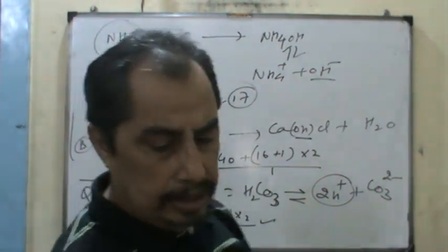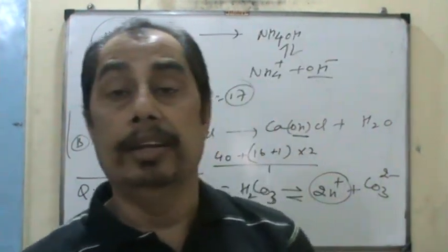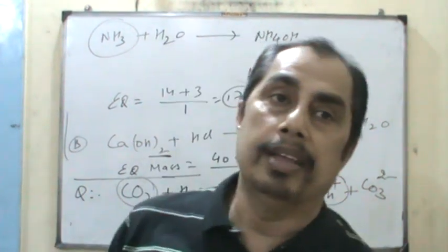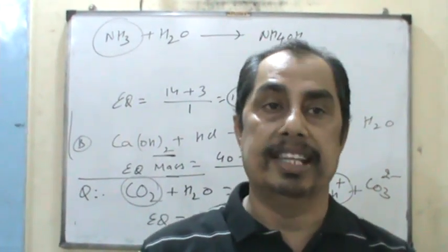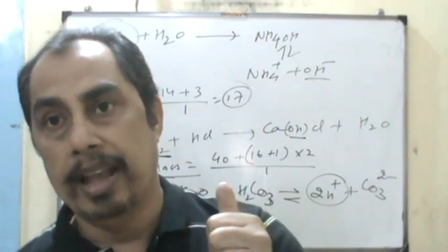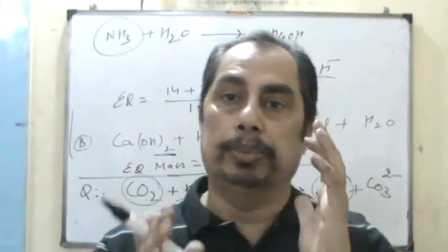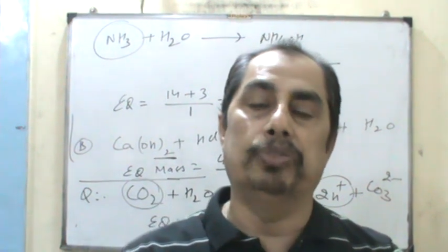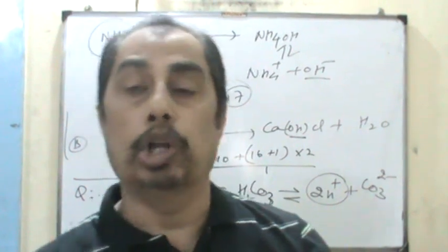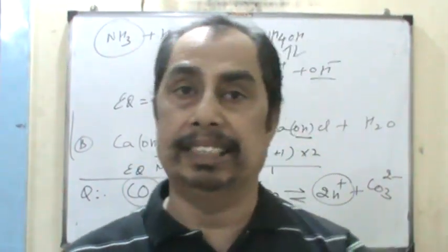I hope this covers how to calculate the equivalent mass of an atom, ion, acid, base, salt, and certain exceptional compounds, as far as oxoacids of phosphorus are concerned: hypophosphorous, orthophosphorous and orthophosphoric acid.